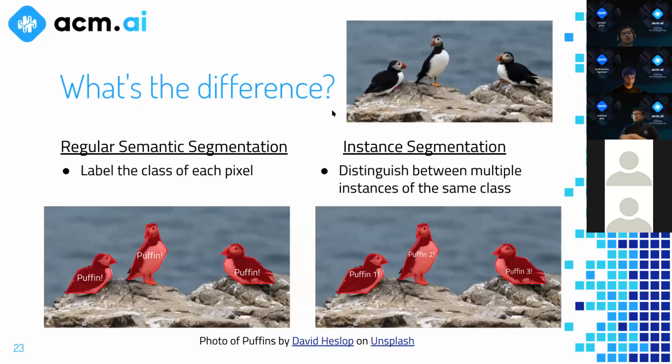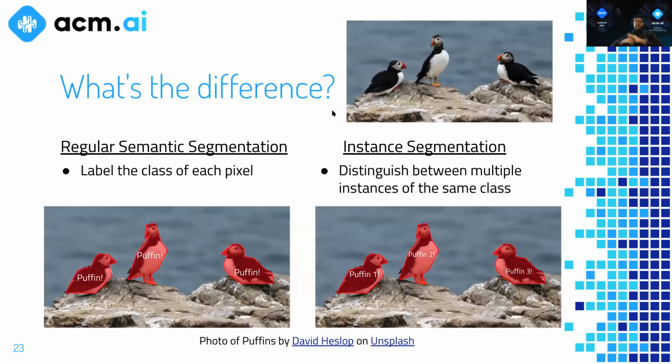So yeah, segmentation is broken down into a few more classes. We have regular semantic segmentation and instance segmentation. The pictures tell you pretty simply what they mean. Regular semantic segmentation allows this sort of segmentation of the image into different classes, but you can't tell if instances of a class are different or not. The only thing you can tell is if a pixel is a puffin or not a puffin.